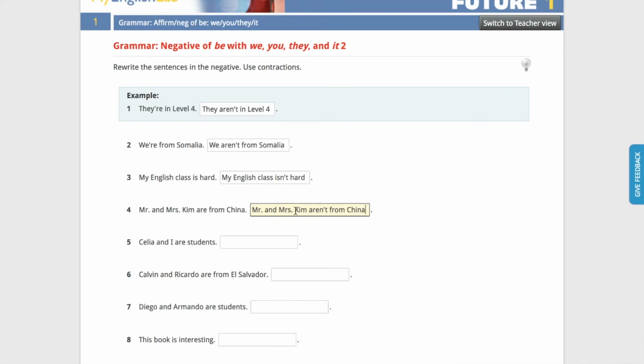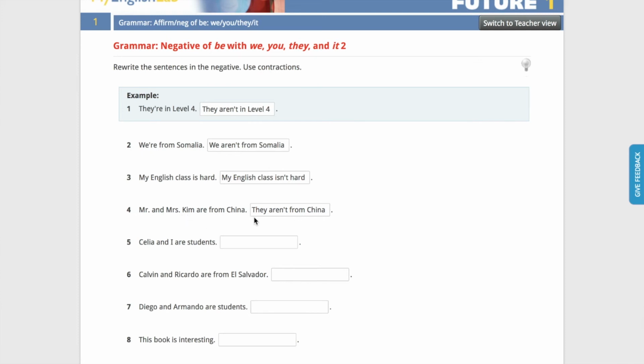Or let me add another one. They aren't from China. These are two correct sentences that you can use. You still use the negative on both, but there is a shortcut if you have to follow a Mr. and Mrs. Kim are from China sentence.